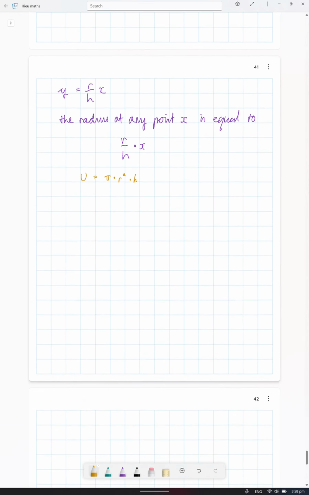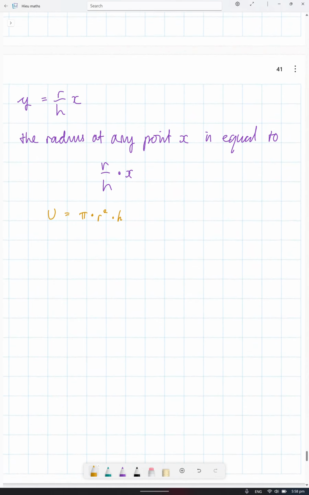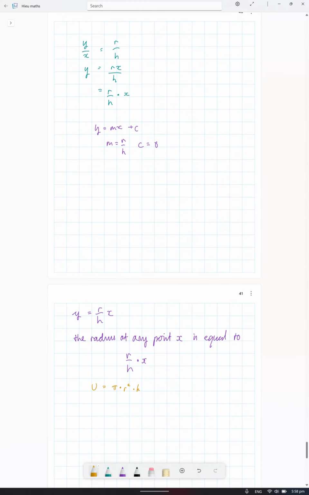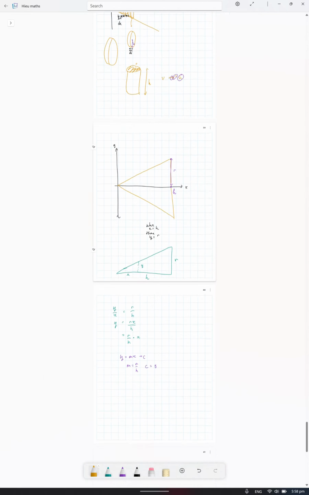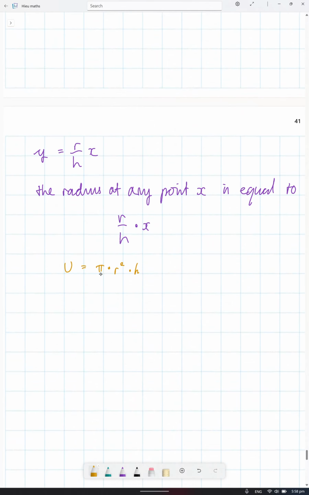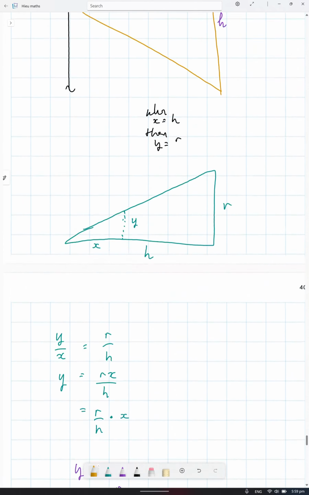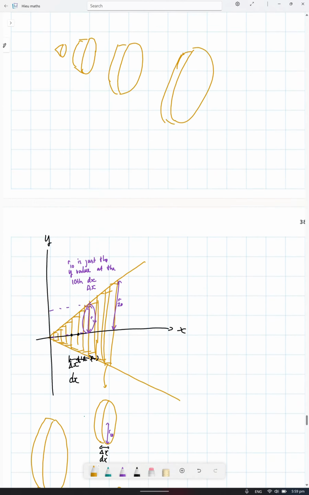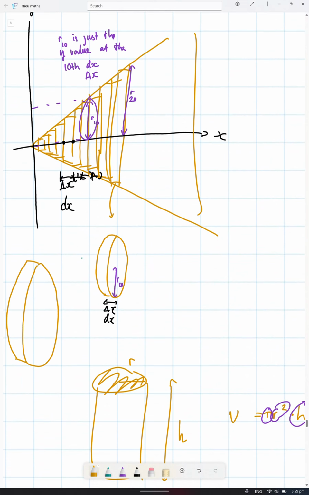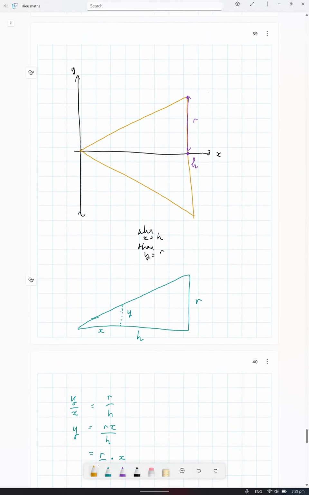Oh wait, sorry, give me a second. And then all we have to do is do this for every single little slice of the cone. Where's my diagram? Every single slice of the cone. We just do that until the end of the cone, and then we have the full volume of the cone.